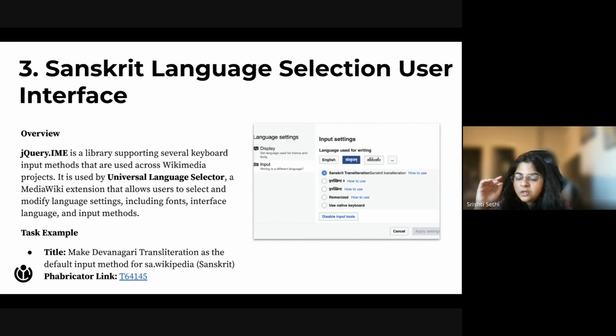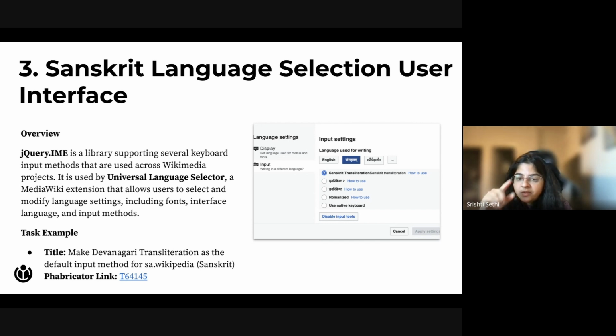If you go to any Wikipedia and click on search, you will see a little pop-up from which you can invoke keyboards and also language settings. This feature is provided by the MediaWiki extension called Universal Language Selector.